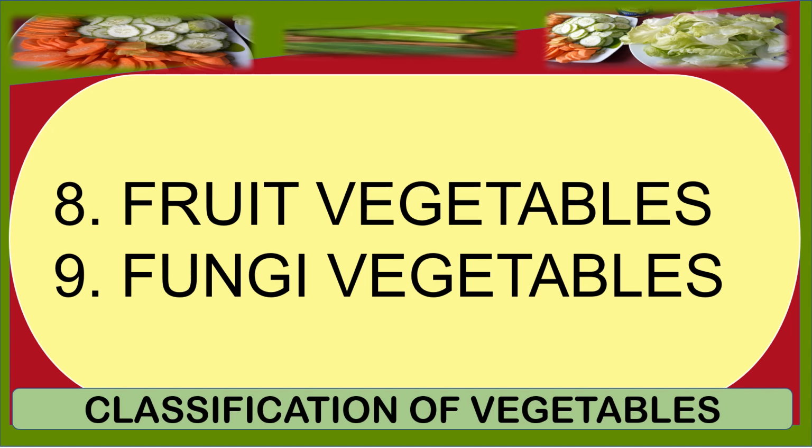Number 9, last one, the fungi vegetables. These refer to the commonly known mushrooms in various types. Some are edible, of course, and others are poisonous. Right? There are mushrooms that are poisonous.